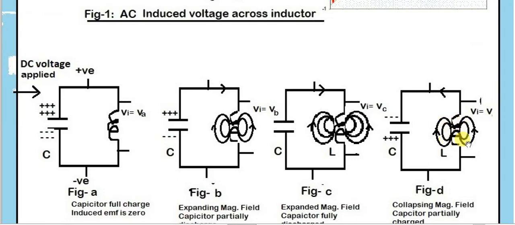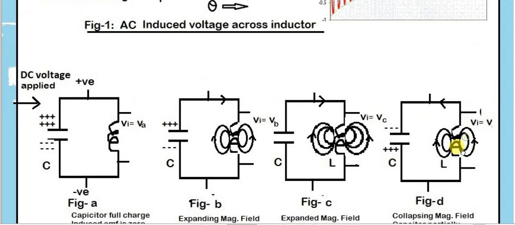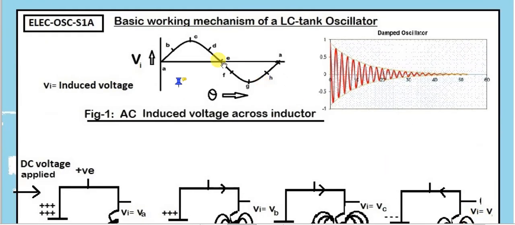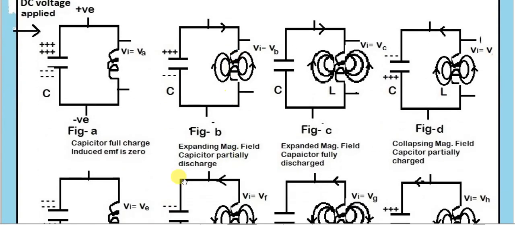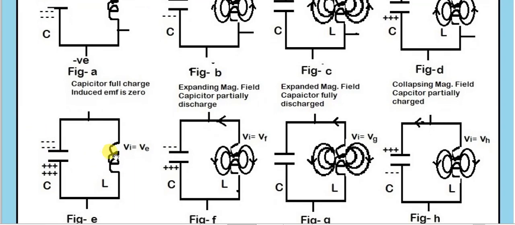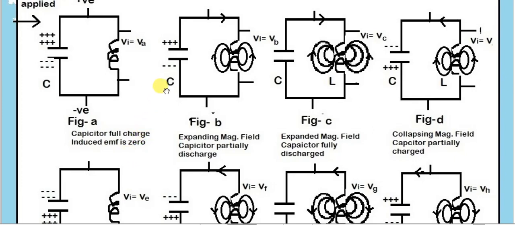This collapsing magnetic field causes an induced current in the opposite direction, and the empty capacitor will start being charged with a negative charge on one plate and positive on the other side, and this is given by VD. Gradually it will completely charge and the field will completely collapse. The point VE will be reached.